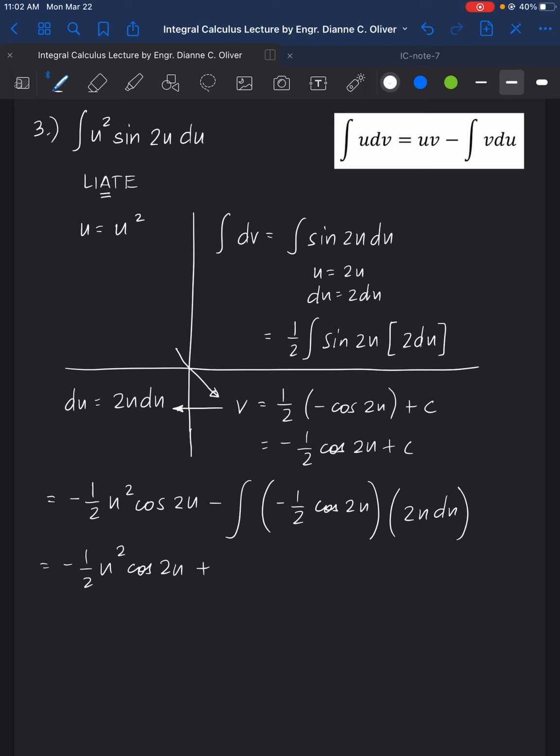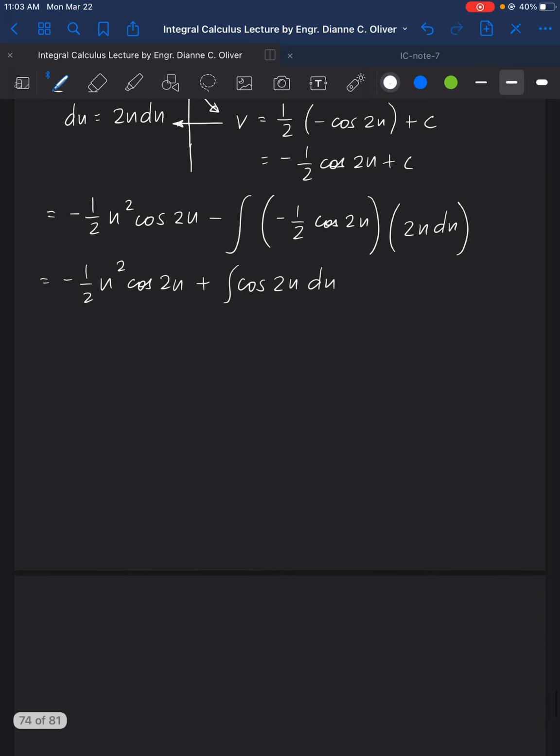What's left is the integral of u cosine 2u du. So using trigonometric function again, for this, we have u is equal to 2u, du is equal to 2 du.